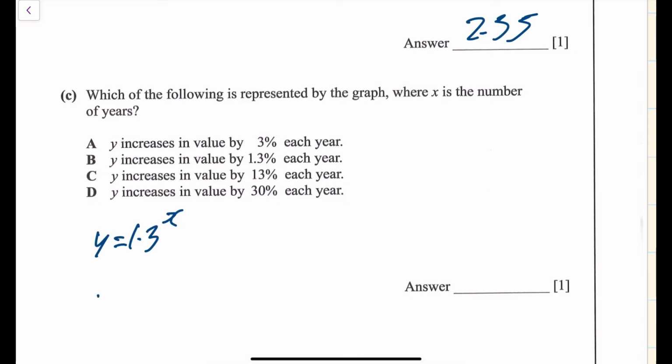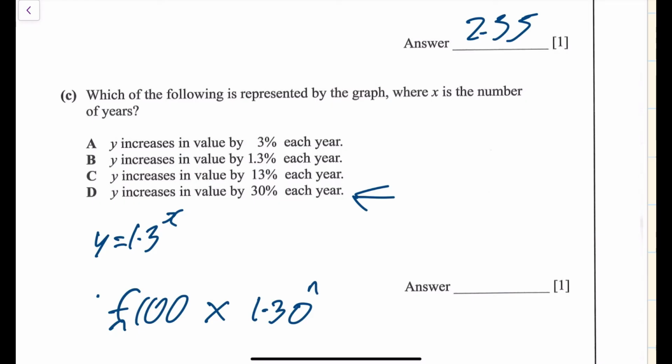So the multiplying factor, if you imagine it, is going to be this last one. I'll just explain why. Say you invested £100 and you wanted to increase it by 30%. It was 30% compound interest, it'd be 1.30 to the power of n, your number of years. So that's what you would have after n years, that amount of money.